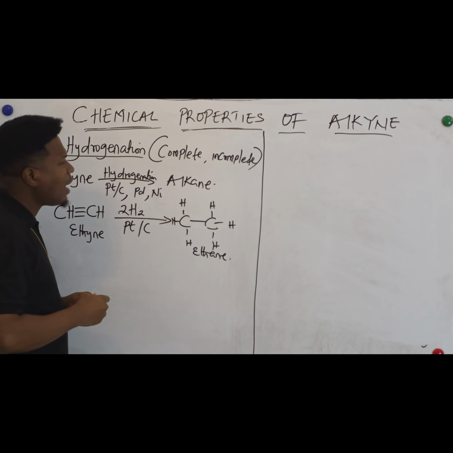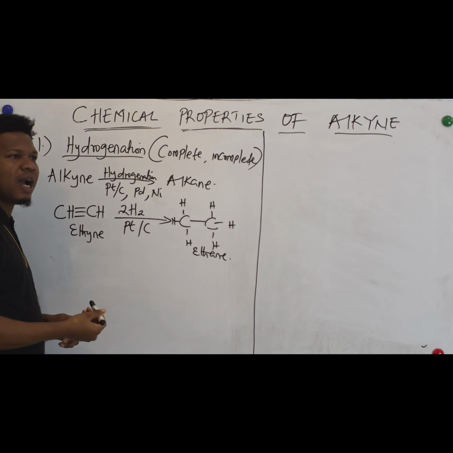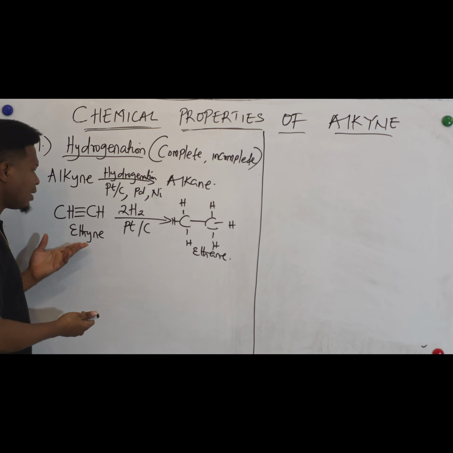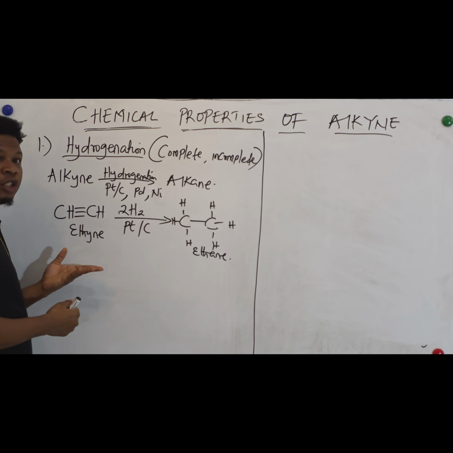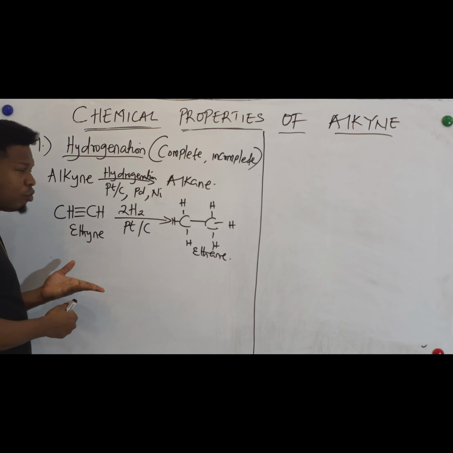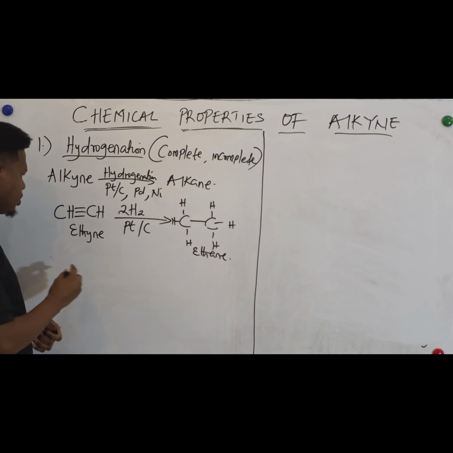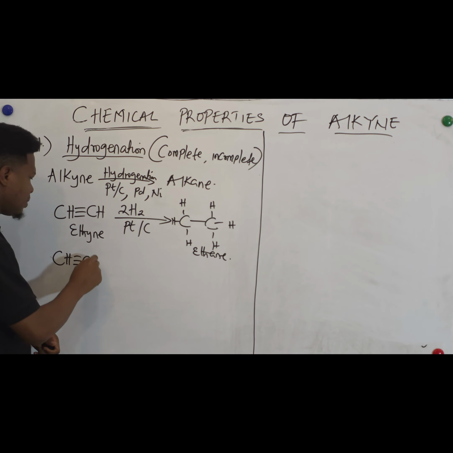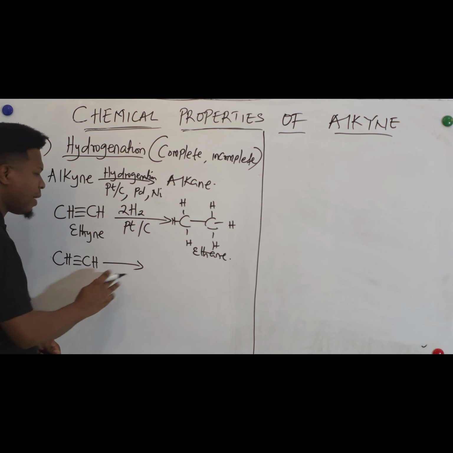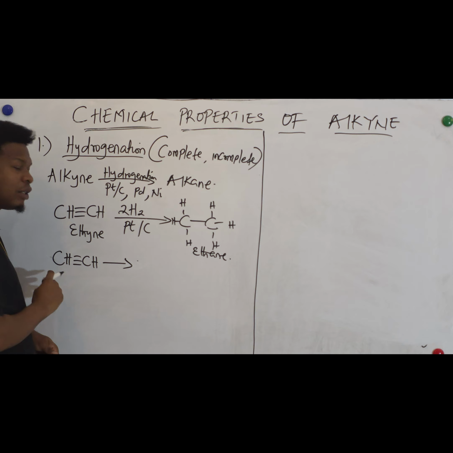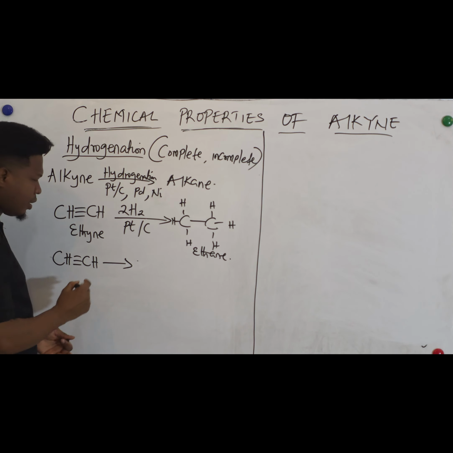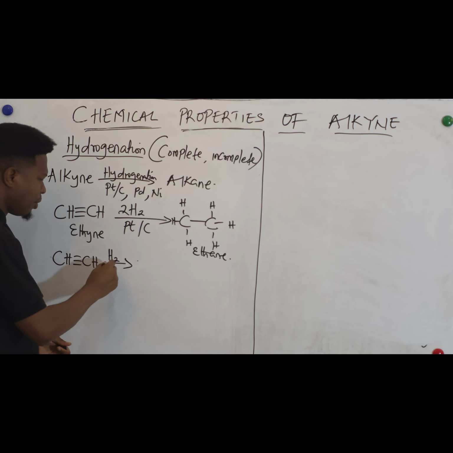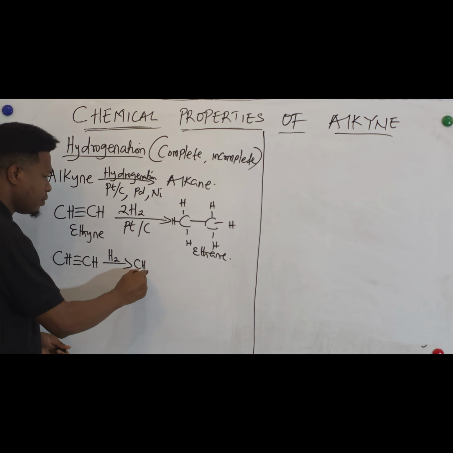But how can we hydrogenate and get only an alkene? Remember that if you carry out this hydrogenation, the first stage will produce an alkene. Let me show you. If I'm to do this reaction step by step, the first hydrogenation that will happen here will form this.